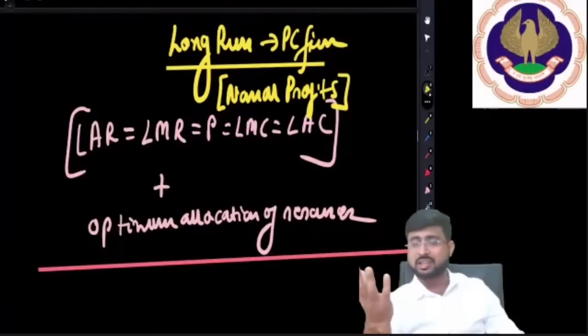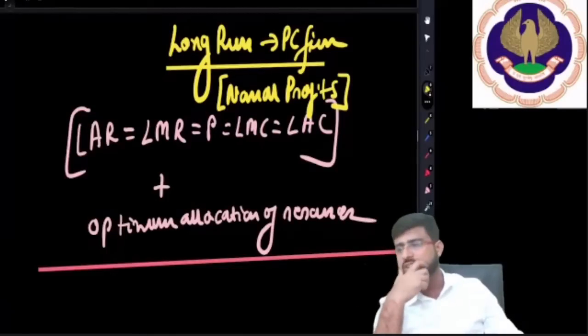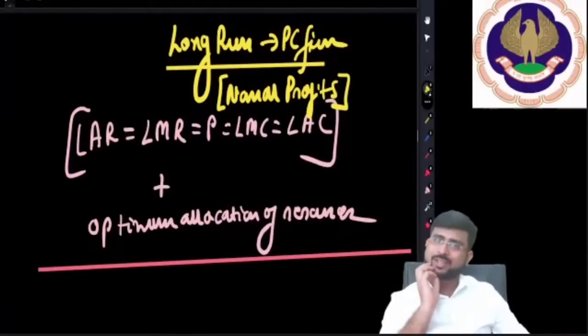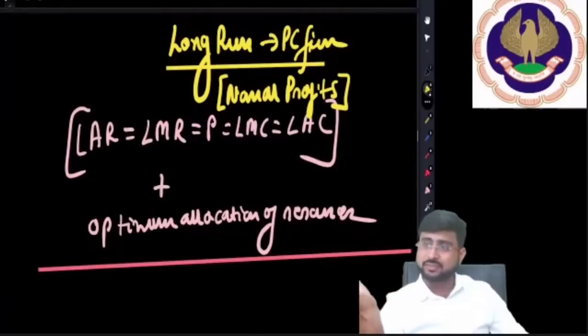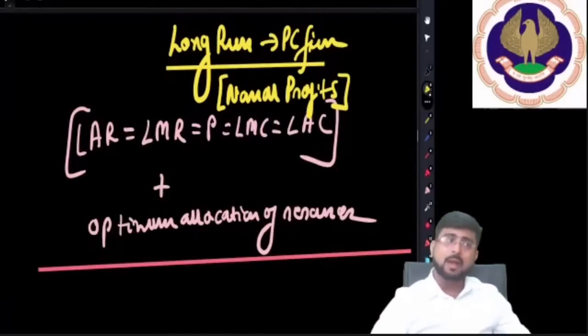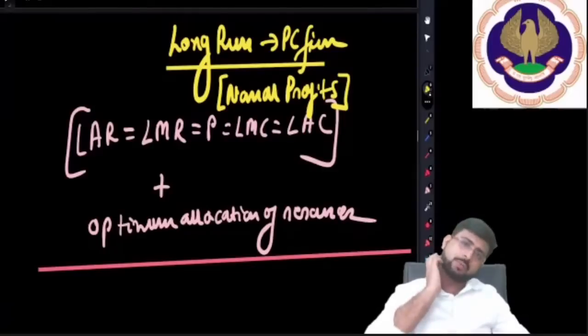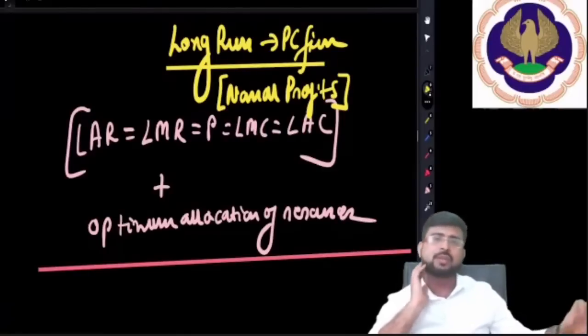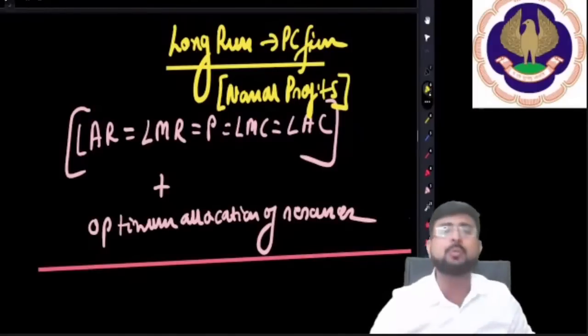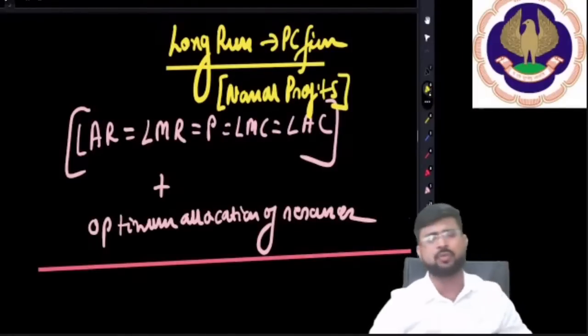Suppose in the short run there is supernormal profit, so new firms will enter the market to make that profit. So the existing firms who were making supernormal profit, their profits will fall. And if in the short run you were making losses, some of the firms will leave the market. As a result, in the long run, only normal profits can be earned by a perfectly competitive firm.